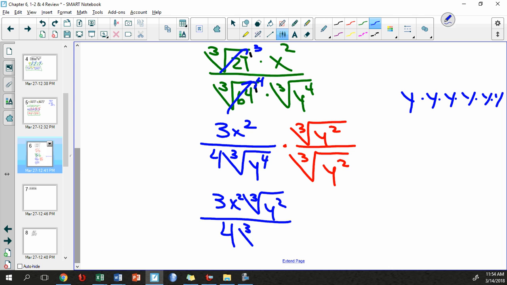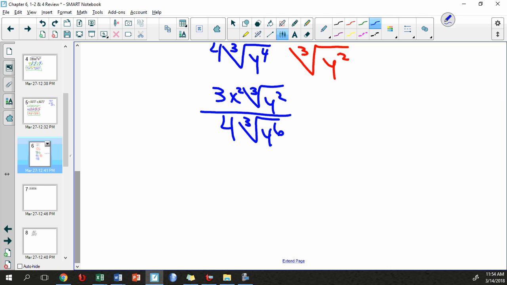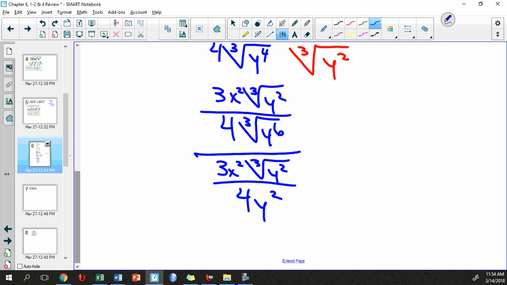And what is the cube root of y to the 6th? Y squared. That is a harder problem. I really suggest you guys practice that exact problem tomorrow for the test.